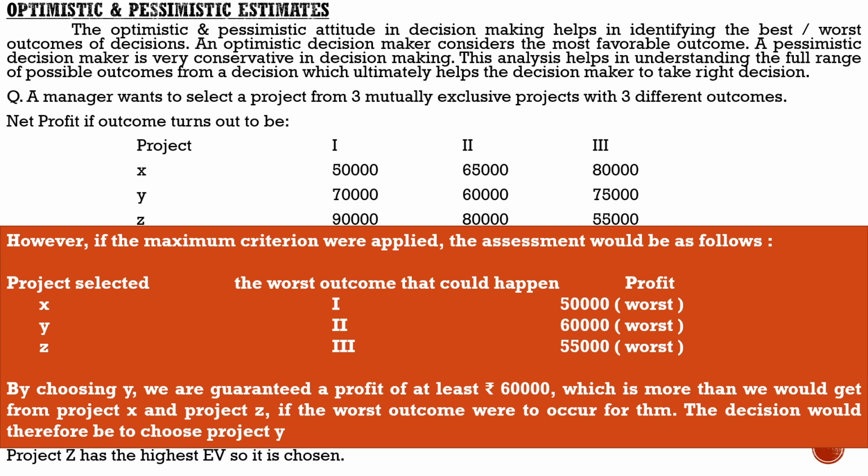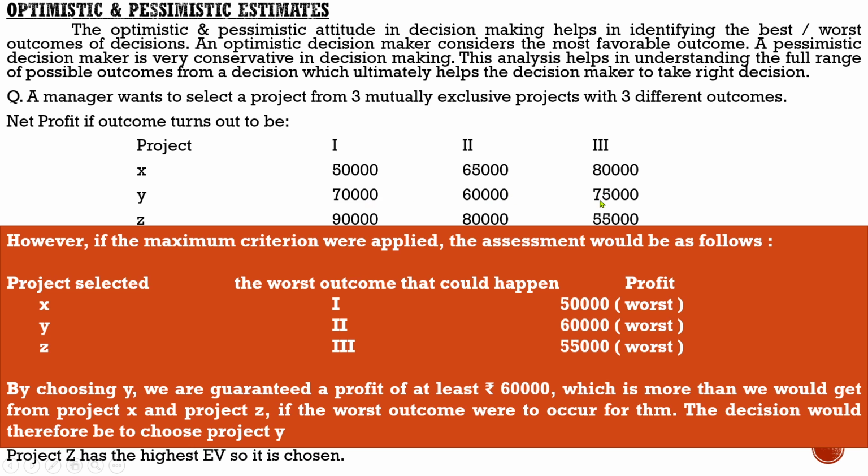But earlier we decided that project Z was the best because it has the highest estimated value. But if you are considering the worst scenario, the highest amount is still earned by project Y, because even in the worst situation it is earning 60,000. That's even the lowest amount.